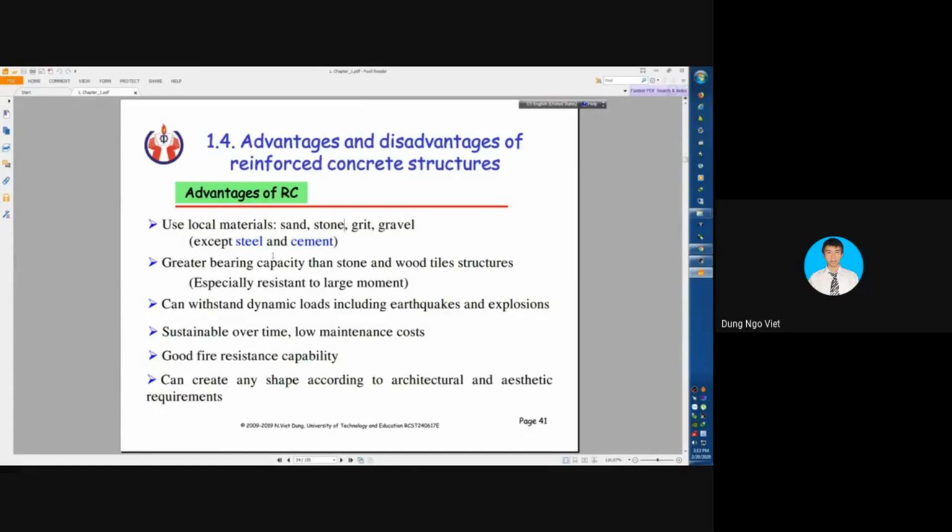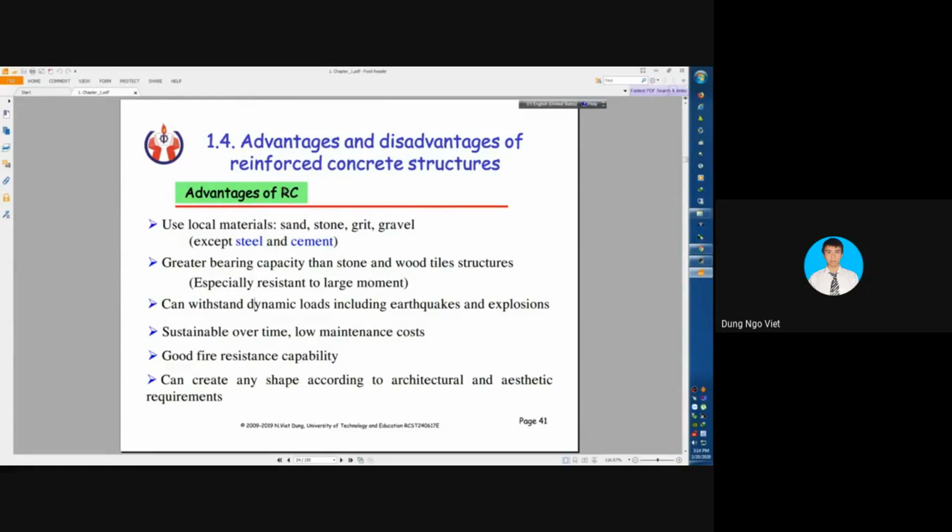And reinforced concrete has greater bearing capacity than stone and wood-type structures, especially resistant to large movement. And reinforced concrete material can withstand dynamic loads, including earthquakes and explosions, and it is sustainable over time with low maintenance costs.